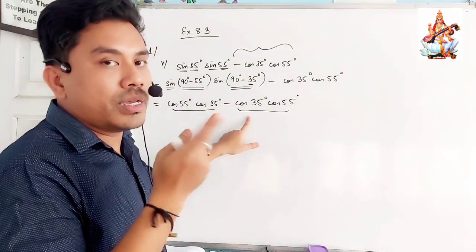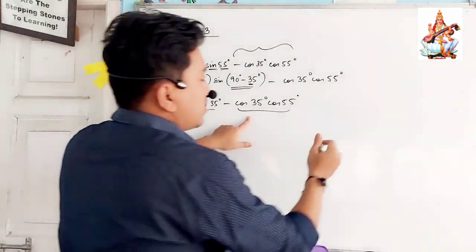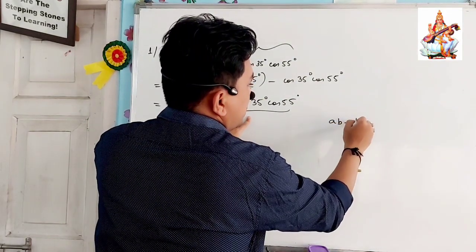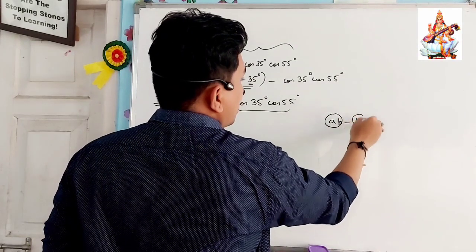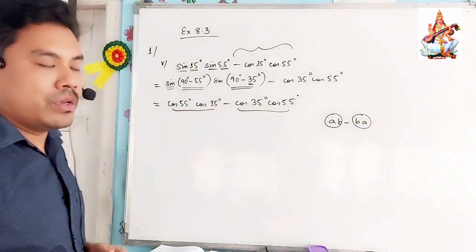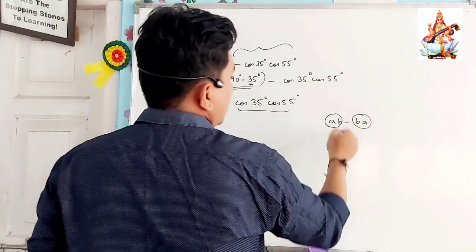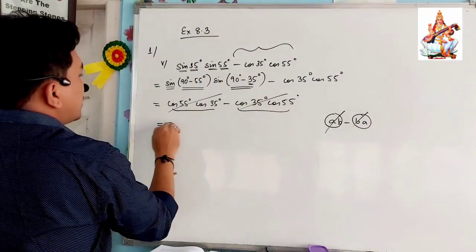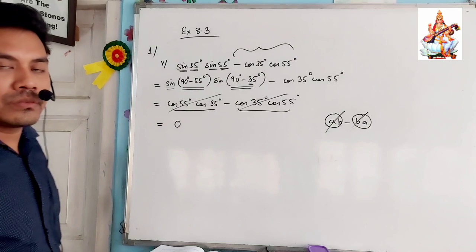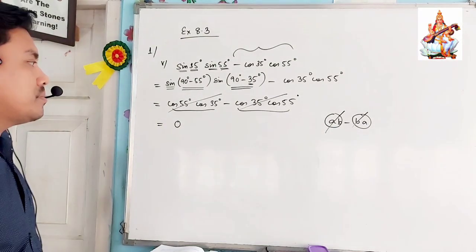The only thing is that they are commutative. See, AB minus BA. Are they both the same? Yes, AB and BA. The product will be same. Okay. So, since they are like terms, we can cancel it. Similarly, here also, if you cancel it, we'll get the answer as 0. Is it clear? Okay.